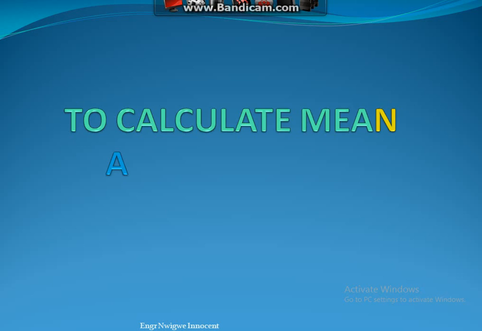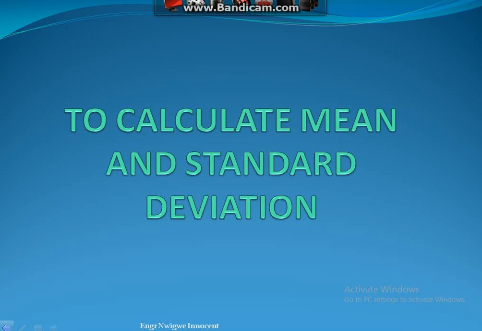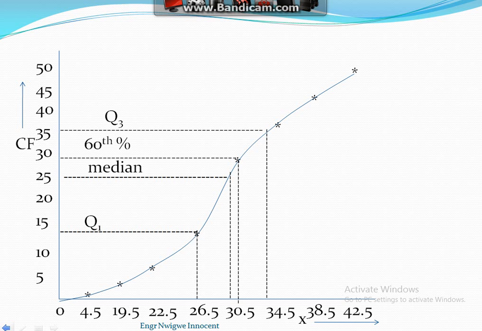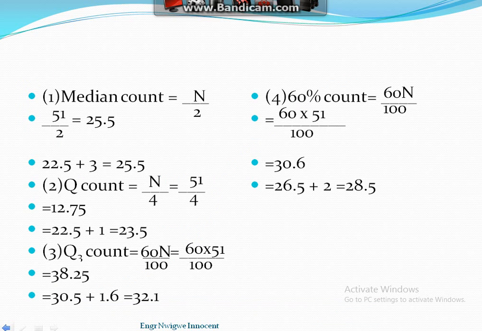23.5. Then for the upper quartile, the count is equal to 60 times n over 100, which gives us 60 times 51 over 100, which gives us 38.2.